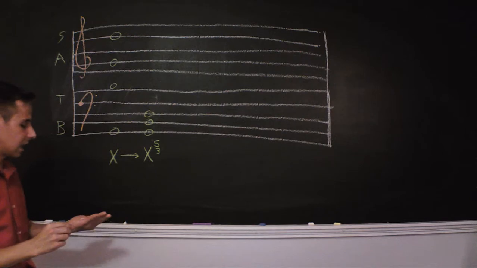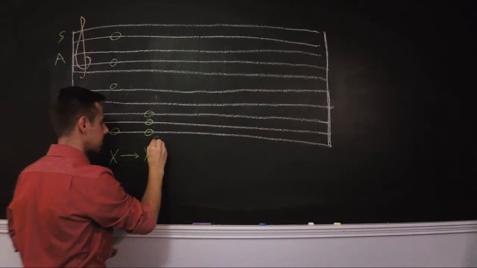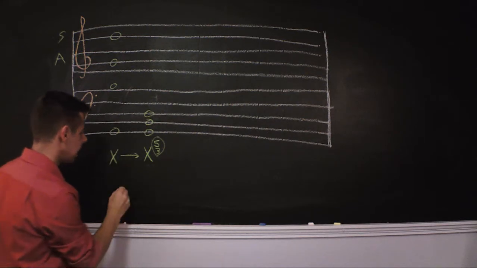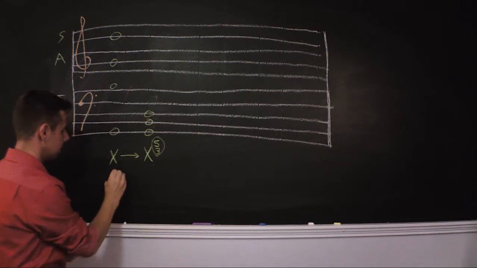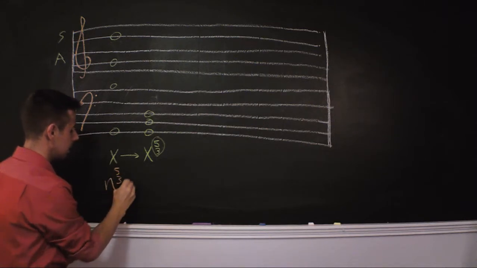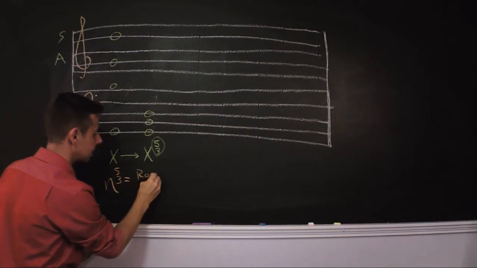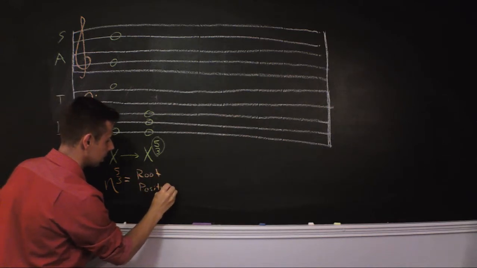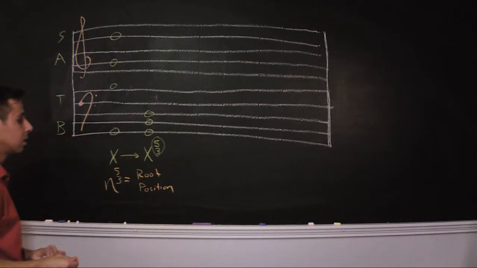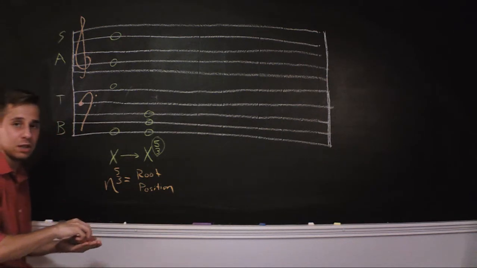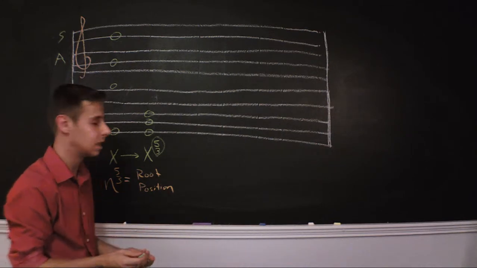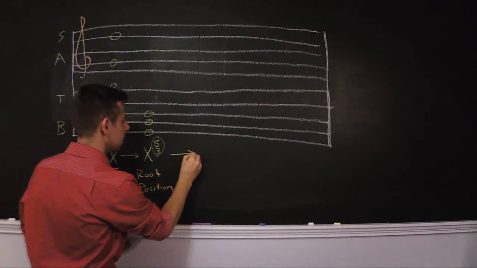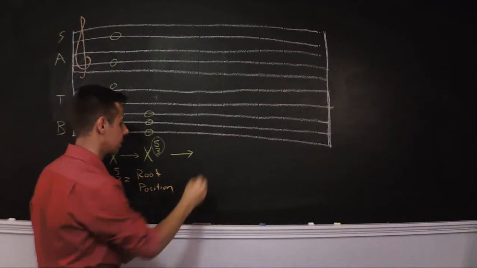But what if we change this now? So 5, 3 is the notation for a root position chord. So anything, we'll say N now, with a 5, 3 to it, equals root position. But in reality, because root position chords are so common, as a sort of shortcut, we don't put anything for root position chords.